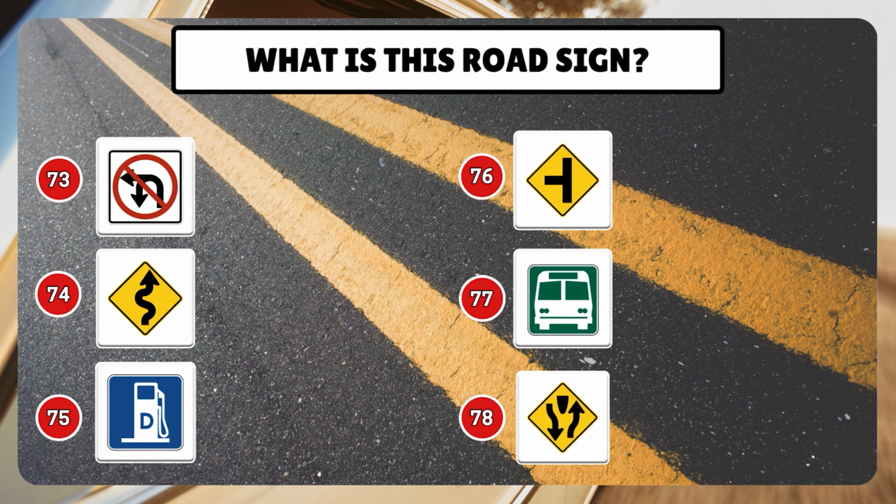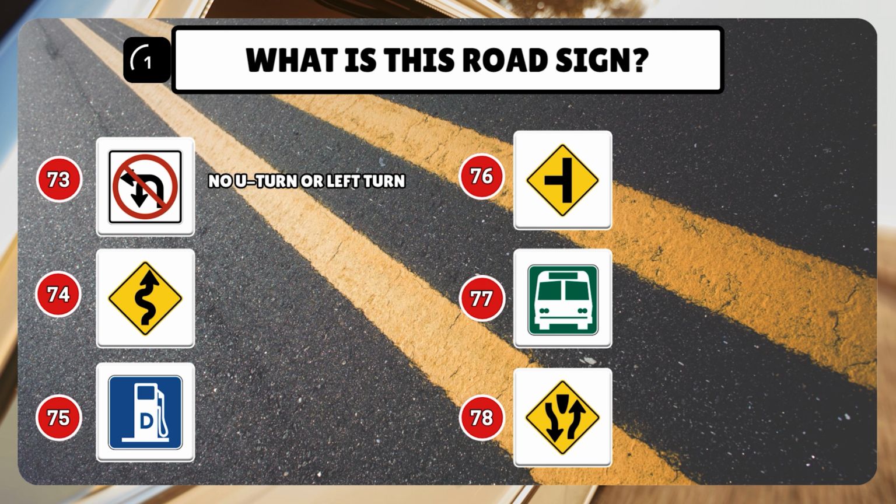Which road sign is this? That is a no U-turn or left turn sign. That is a winding road sign. Good observation.